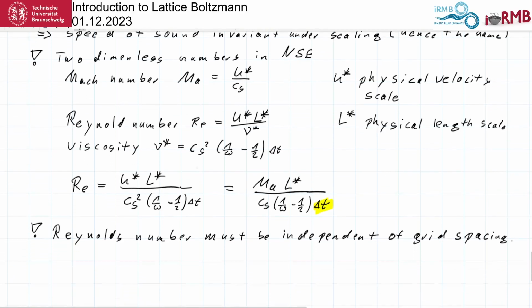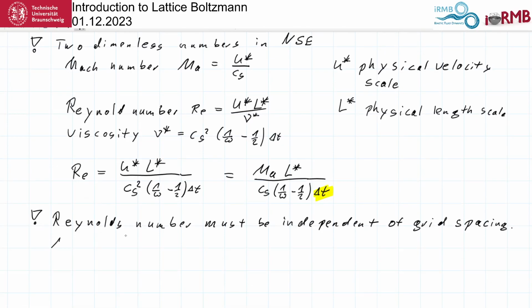So, how do we do this? Let's say we take everything that is scale independent on one side, to get a better overview.